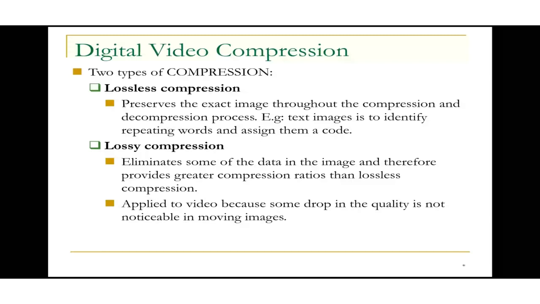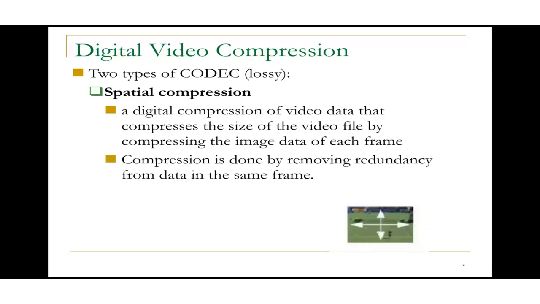Now it all depends on the technology that is being used, and we have a number of technologies. Lossy compression is also called spatial compression. Spatial compression normally results in lossy compression.